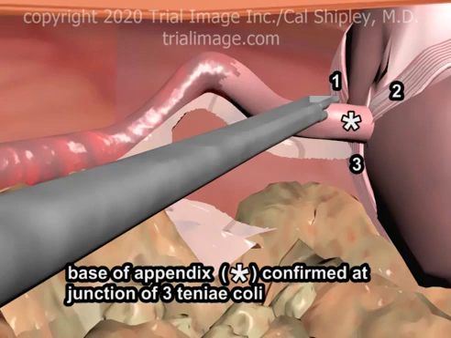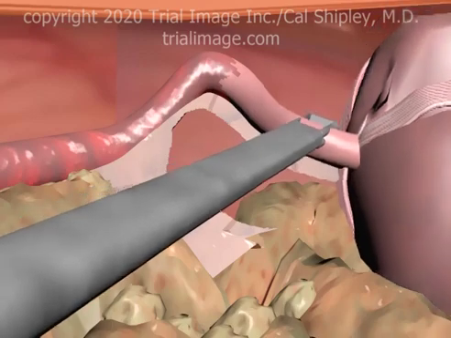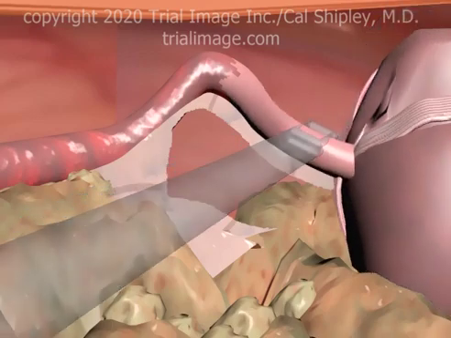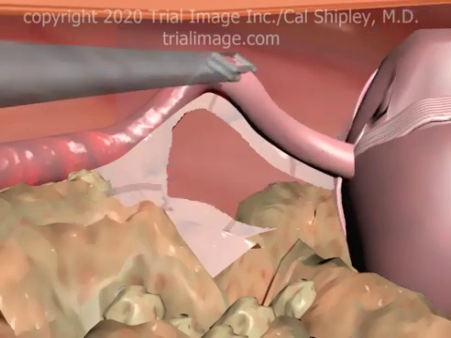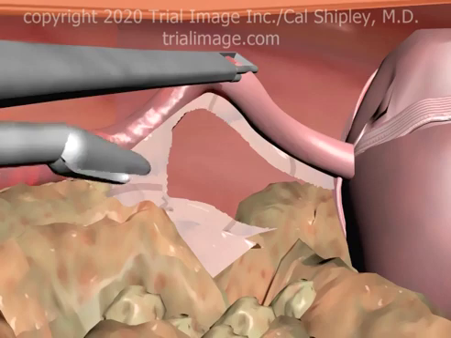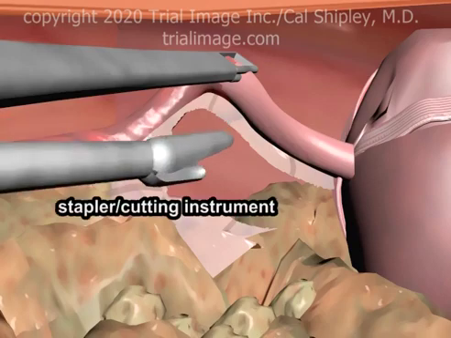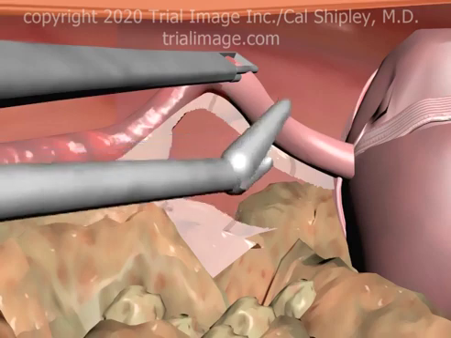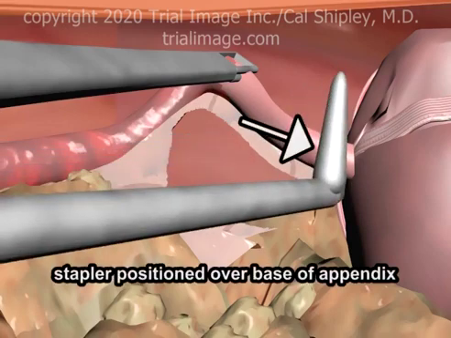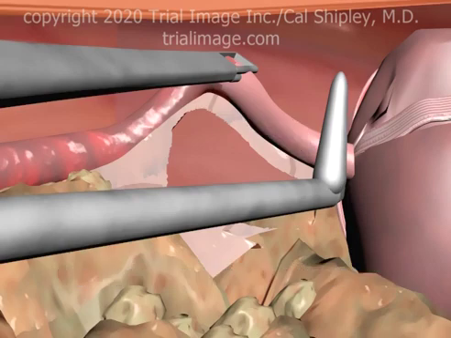Once the blood supply has been separated, the surgeon confirms the location of the appendiceal base, using the junction of the 3 Taenia coli as an anatomical landmark. A surgical stapler is positioned over the appendiceal base, and with one action, it severs the base from the cecum, and also staples and seals both sides of the incision.